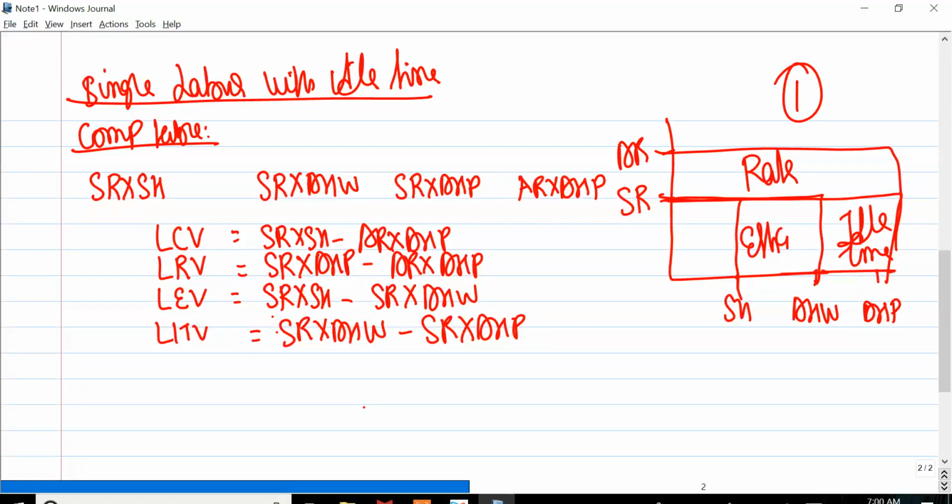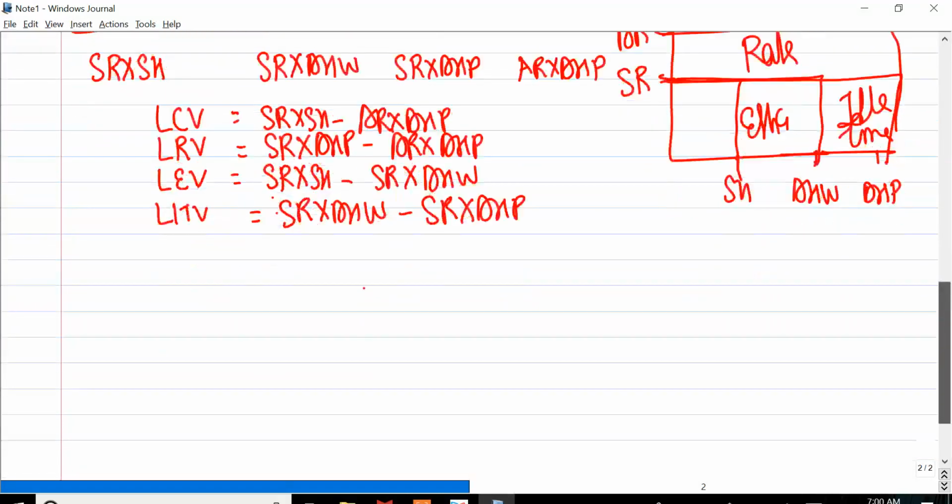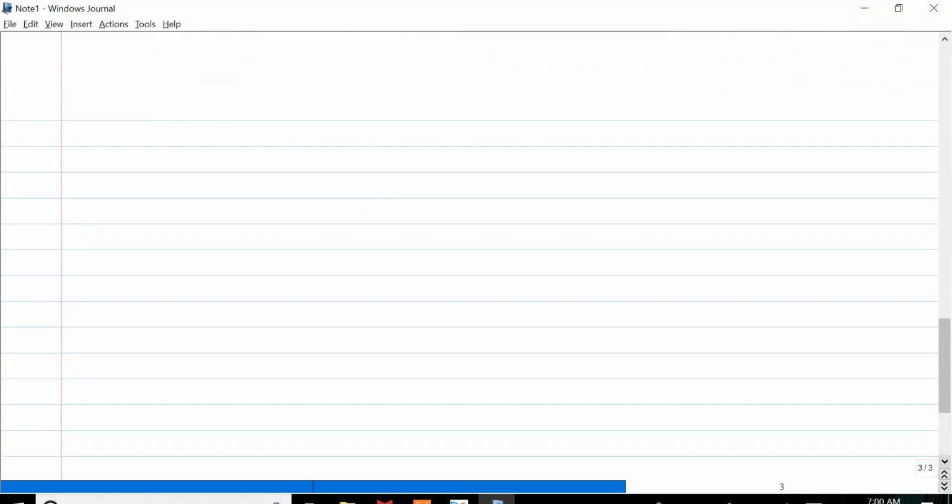Okay, I'll proceed to the third scenario. We'll do problems after doing all the scenarios. Any doubts on single labor with idle time? Scenario 3. Okay, write note below that. Note: idle time refers to hours paid but not worked.